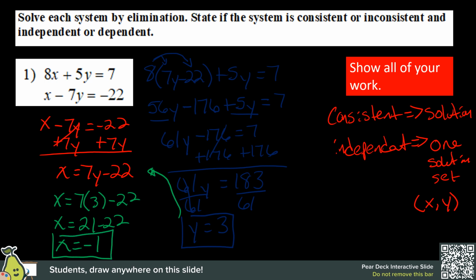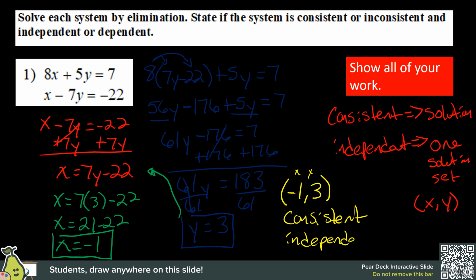So our solution here would be negative 1, 3. And we do have a solution, so this is consistent. And it's only one solution, right? This is just one x, one y. And so that means that it is also independent. This is your final answer.